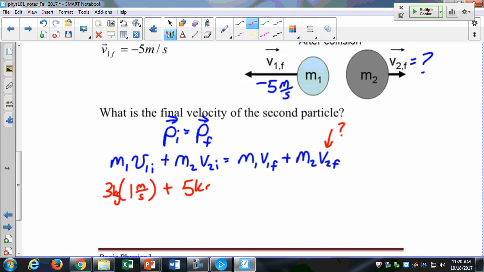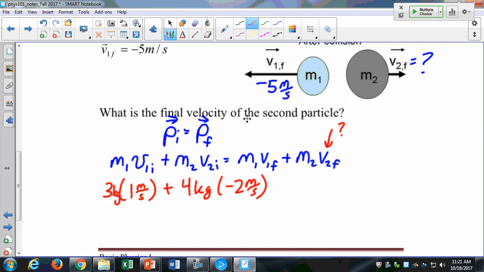M2 is, excuse me, 4 kilograms. And V2I was negative 2 meters per second.